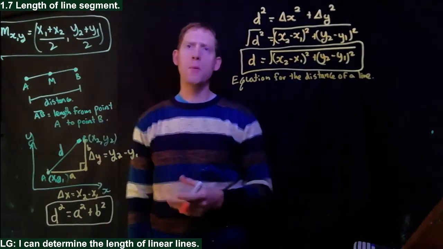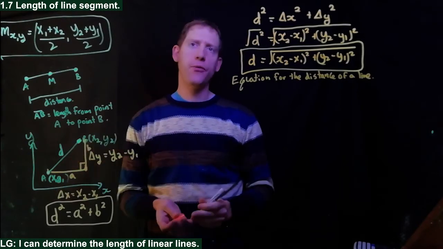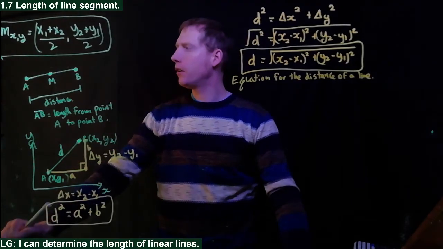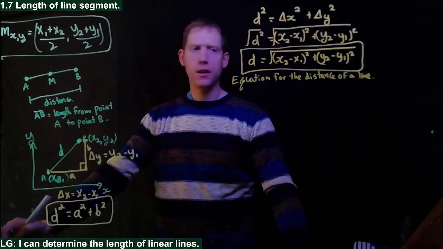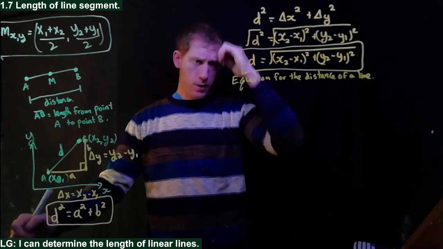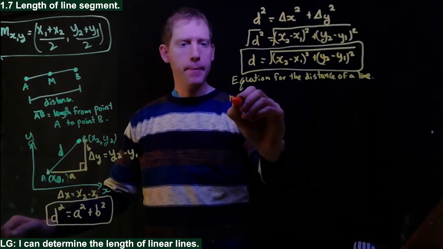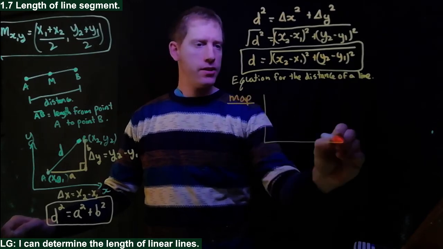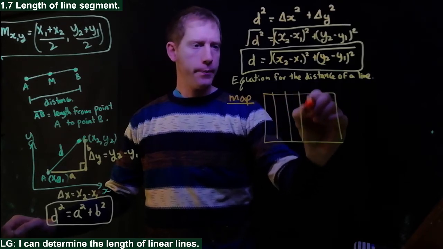And we can use this as a formula to find between any 2 points. I can find the distance between them. And that could be useful on a grid. How could this be useful? Let's say we have a map. And the map is like a grid format, right?